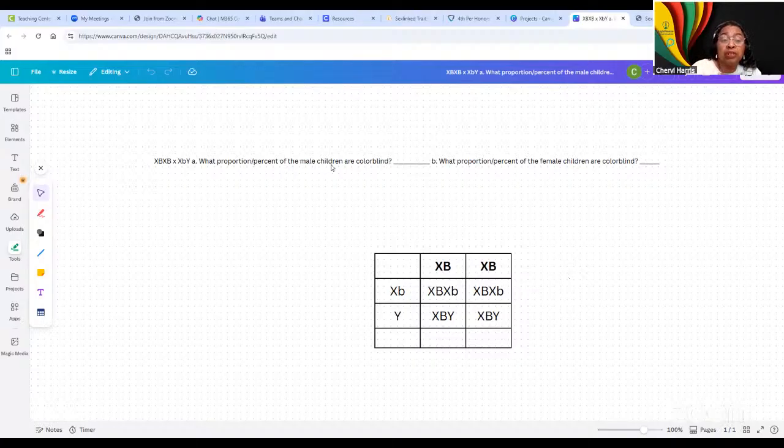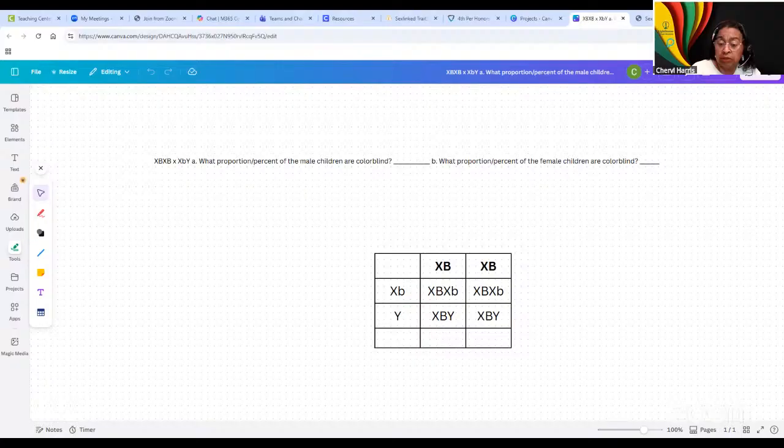What percentage of the males are colorblind? Both of these X's are capital B, so they are also not colorblind. So 0% of the males are colorblind in this part of the question. And that's possible. Nobody's colorblind. Everybody's got good vision.